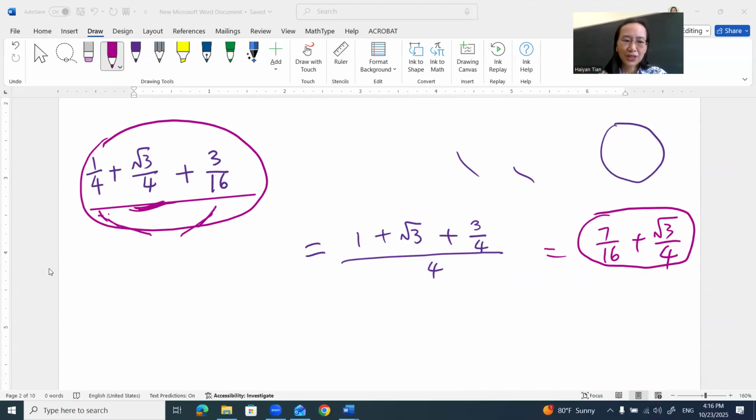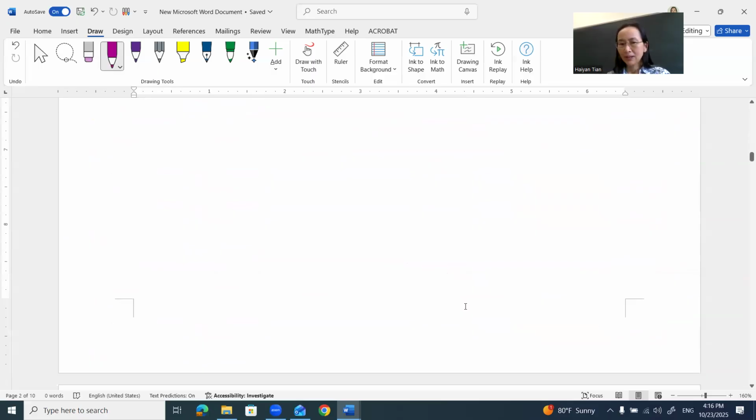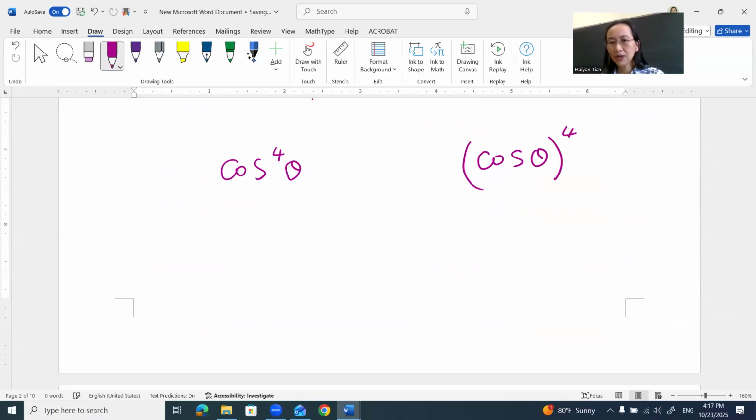Now I want to generalize. Suppose we have some angle called theta, and I want to determine the value of the fourth power of this cosine theta. Oh, by the way, you realize if I put cosine theta to the fourth power, they're the same.